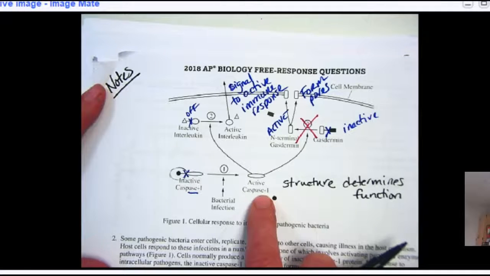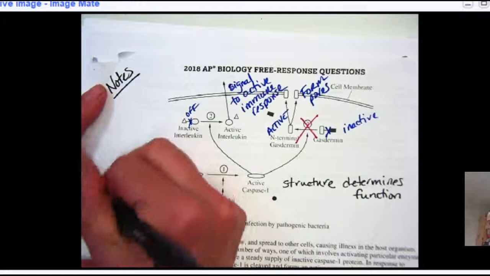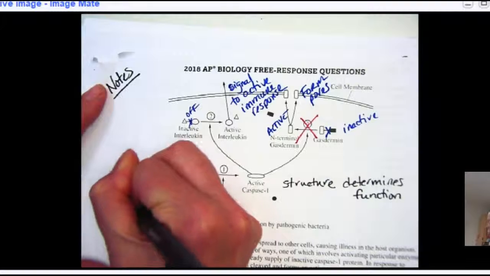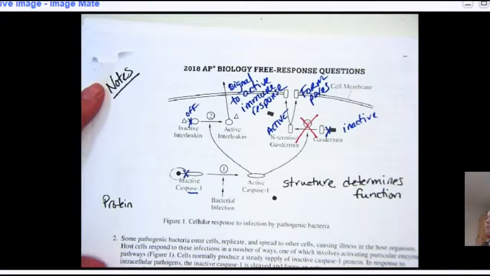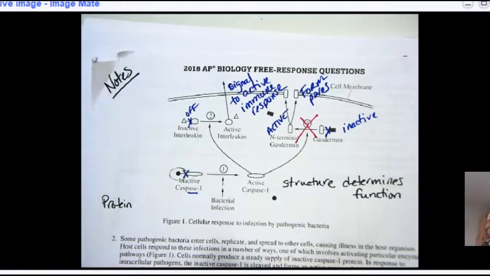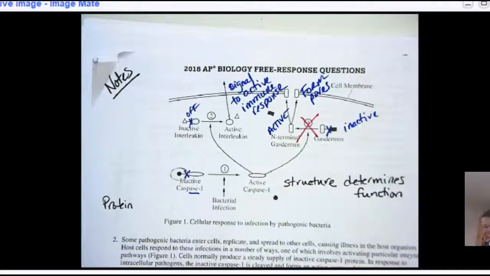This is a protein, right? What steps do I need to go through to make a protein? I say start where? My instructions for how to make a protein. What molecule has instructions for how to make a protein? Okay, so structure is related to function is one big theme.